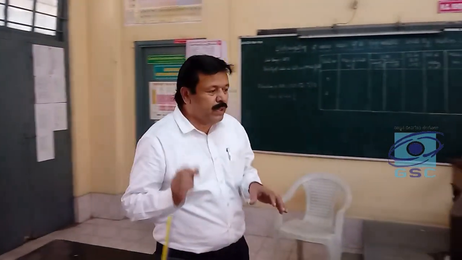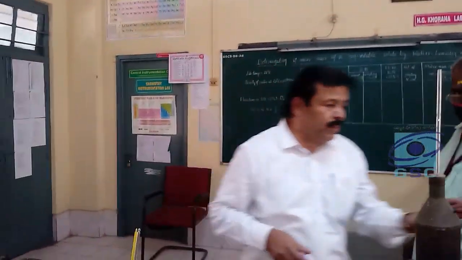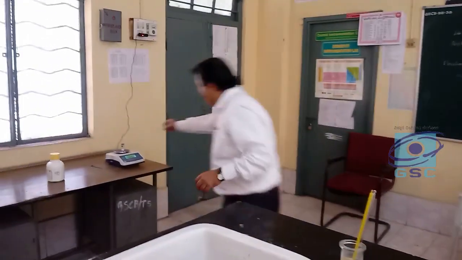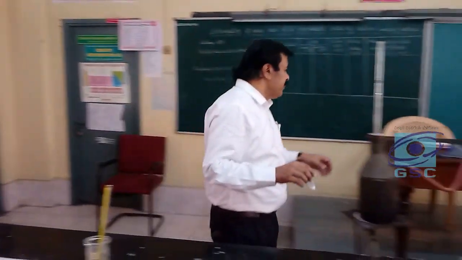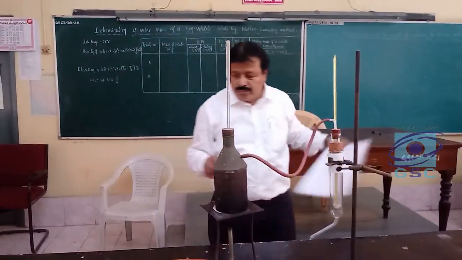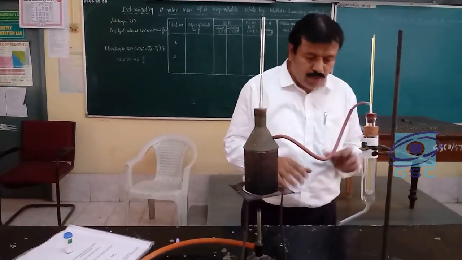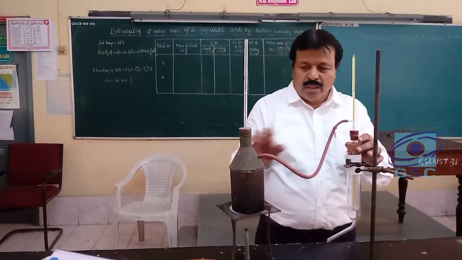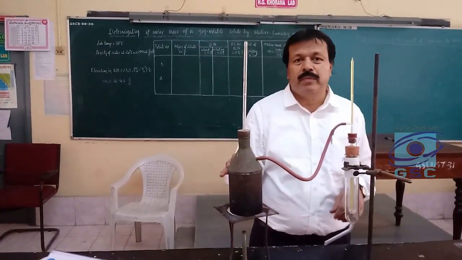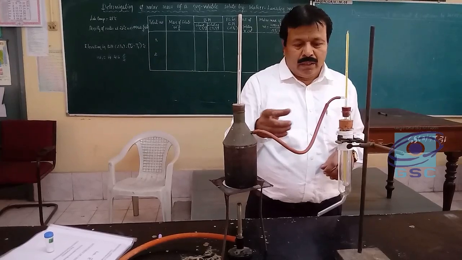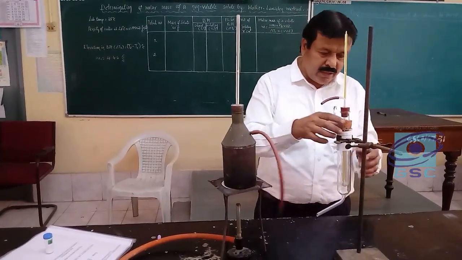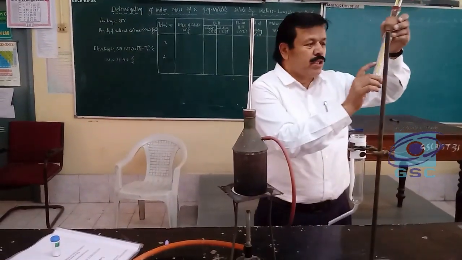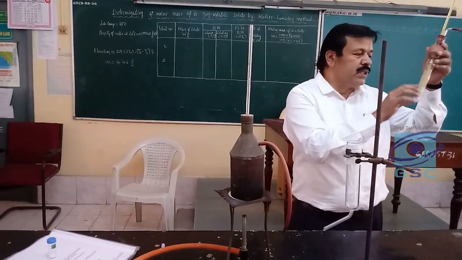Before I start the experiment, I will explain the apparatus. I will keep the sample with me. Meanwhile I will explain the apparatus. It consists of a steam can in which steam is generated, and the other side of the apparatus consists of an inner boiling tube. This is called an inner boiling tube, and it is also known as a graduated inner boiling tube since it has been labeled.